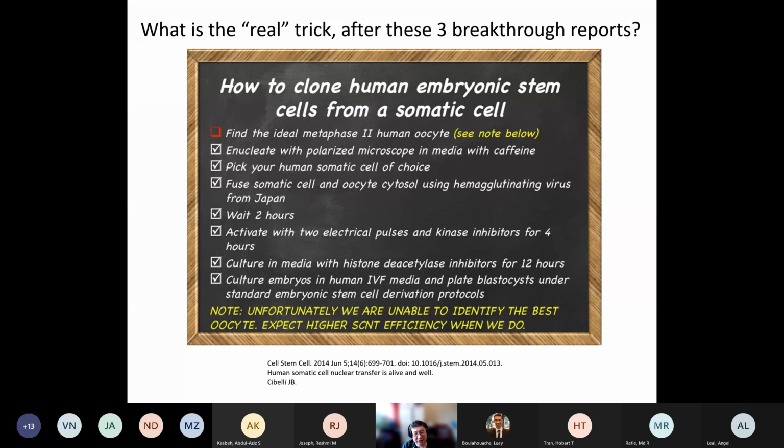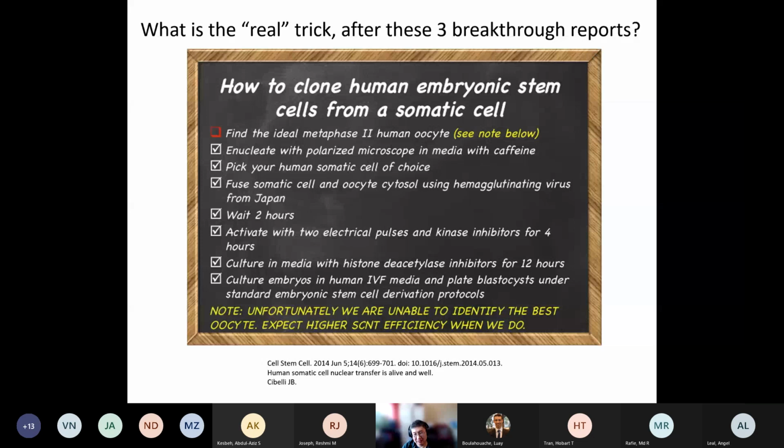Unfortunately, read the note. Unfortunately, we're unable to identify the best oocyte. This is by chance. They did describe it, generally speaking, if the oocyte is from a young woman, it usually works better. If it is from an older woman, not as ideal.